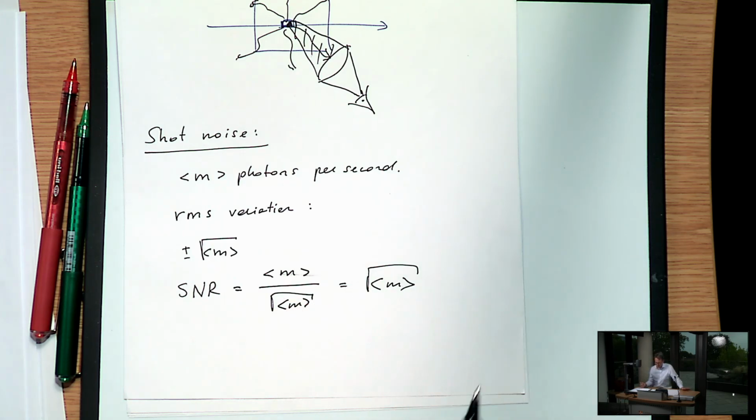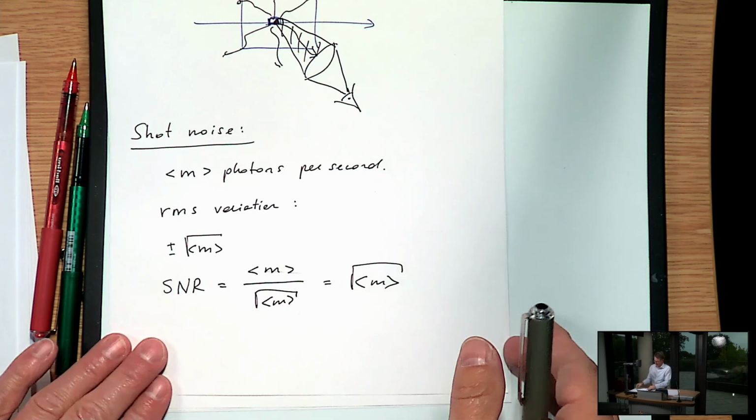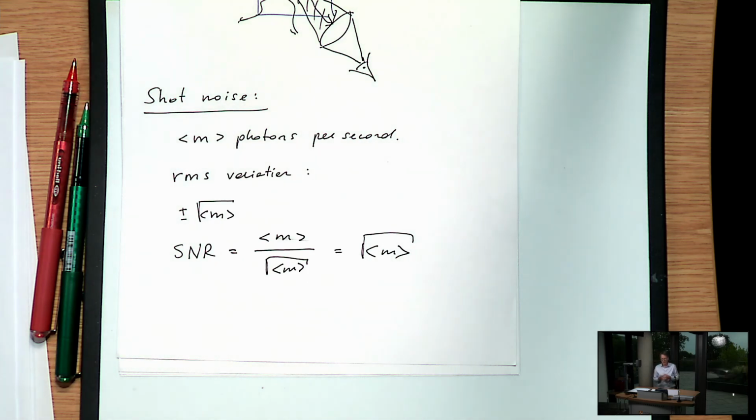And so the upshot of this is that if you have low signals, and you do the best possible measurement you can do in any situation, whether this is absorption or fluorescence, if you detect, let's say, M photons, then you know you're in the shot noise limit if the noise level on your signal is square root of M. If you've reached that, you've reached the shot noise limit, and that's the best possible measurement you can do.